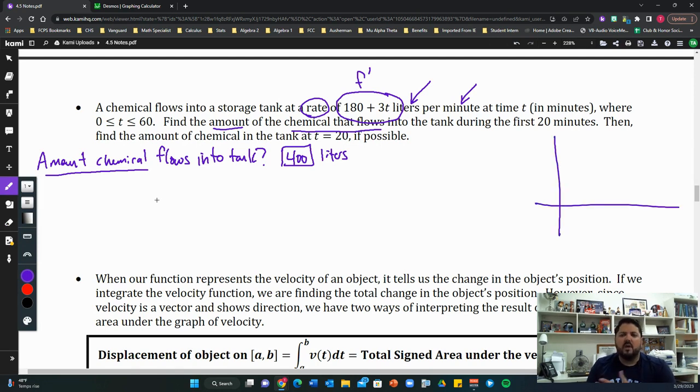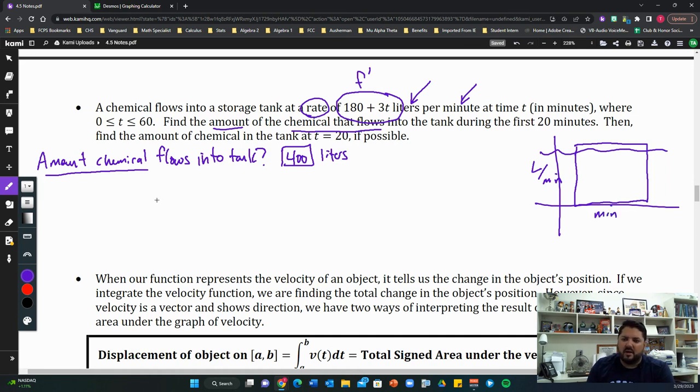So again, what we have here is some function, 180 plus 3t. I know that's not what the graph looks like, but I like to just draw these generic graphs with this big rectangle. So again, if I have some graph and I want to estimate that area with one rectangle, and I think about the units involved, our rate of change function here, the y values would have units liters per minute, and then the input or the time variable is measured in minutes.